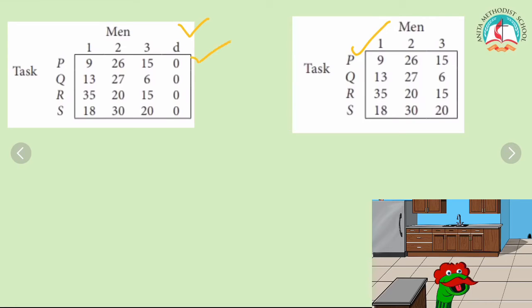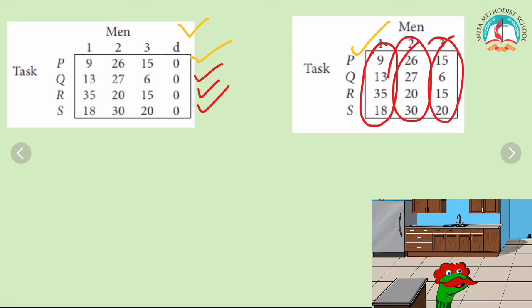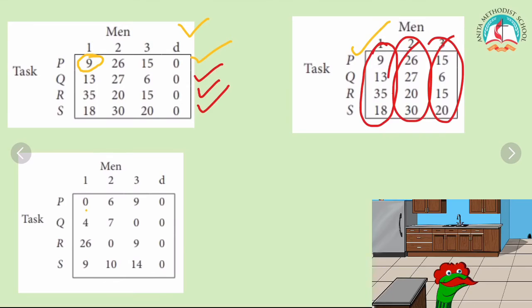Now in every row I have 0. Now I want to bring in every column at least 1 zero. So for that, find out the smallest number. So 9. 9 minus 9, 0. And here 13 minus 9, 4. 35 minus 9 is 26. 18 minus 9 is 9. Coming to the second column, 20 is the smallest.